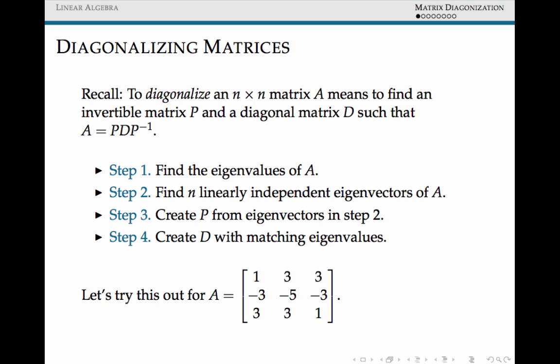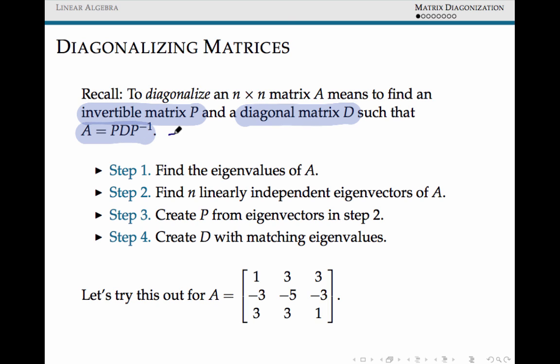As a recap, remember that diagonalizing a matrix refers to finding a pair of matrices, one of which is invertible, the other of which is diagonal, so that you can write the matrix you're interested in as the product of the invertible matrix times the diagonal times the inverse of the invertible matrix.